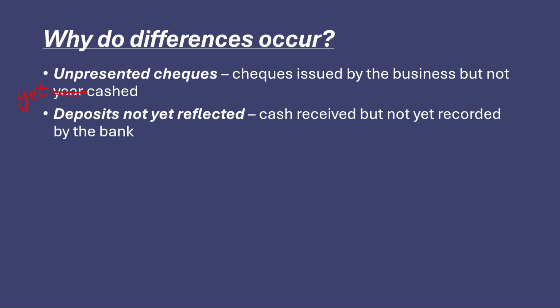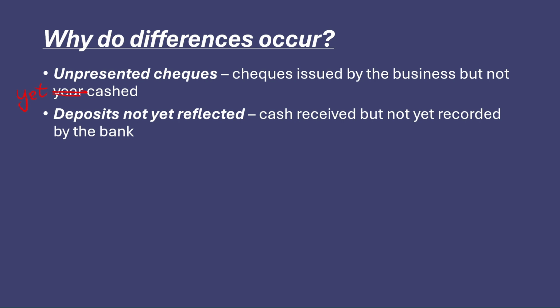Then now, second one, it's deposits not yet reflected, right? The deposits are not yet reflected. So this one, it is cash received but not recorded by the bank. So remember, when companies make money, when they take that money and go and put it in the bank, like physically they take the cash and give it to the bank so that they can literally put it into their bank account.